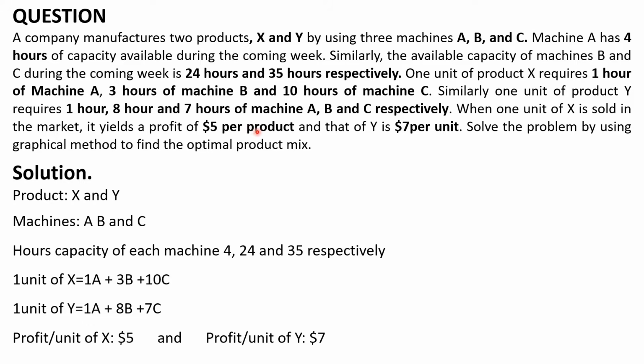That is, when the company sells 1 unit of product X, the profit they are going to get is $5. And that of Y is $7 per unit. When a unit of product Y is sold in the market, the profit that the company is going to earn is $7. Now, having interpreted the question, let us proceed to formulate the table.